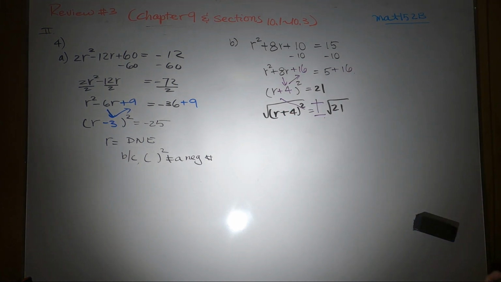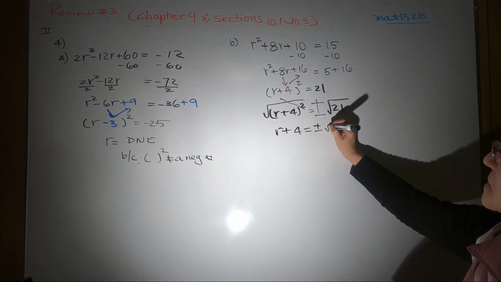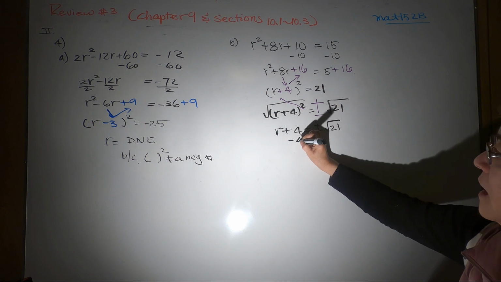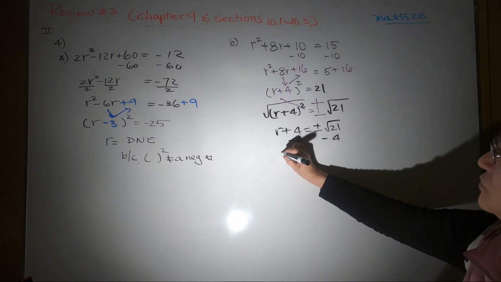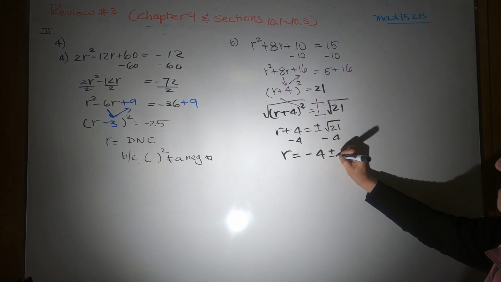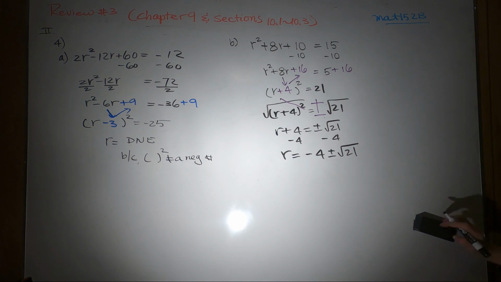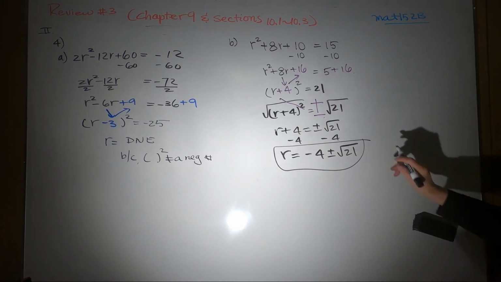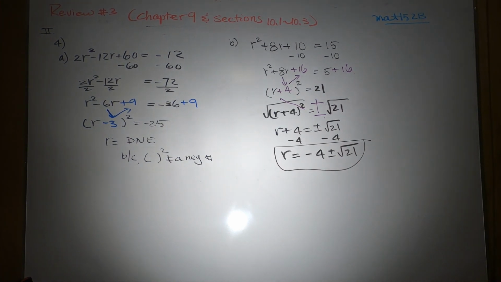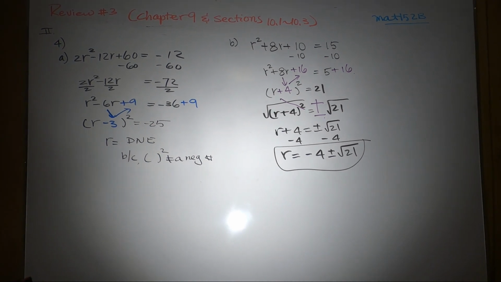So what do we have? Plus minus, right? Then get r by itself. So you minus 4. So r is what? Negative 4 plus minus square root 21. That's the simplest form. So that would be your answer, right? Are we good?